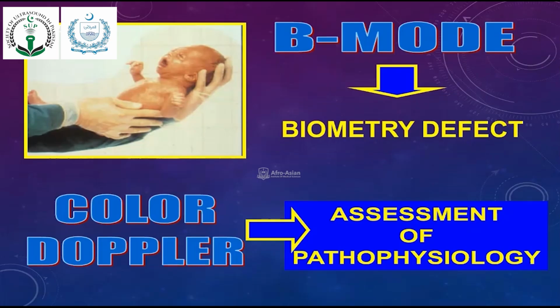These are commonly used parameters, and then we can use intraocular space, the space between the orbits, the length of the foot, humeral size, tibial size, etc. We can also predict the gestational age with the measurement of the cerebellum. So on B mode, biometric assessment is important, whereas on color Doppler, we do the assessment of pathophysiology.